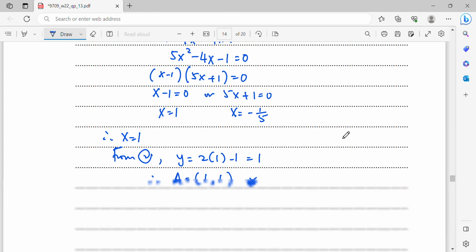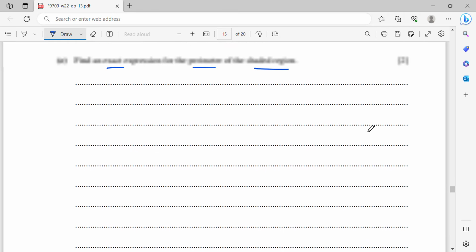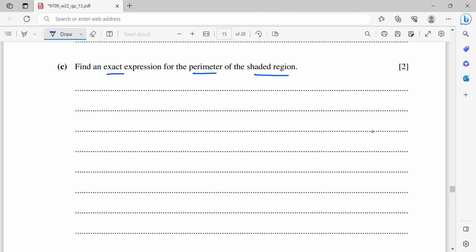Alright, so now I will say that here is AOD. OD is 1 because the A with x coordinate 1. Here is square root 2. This is the angle, theta.